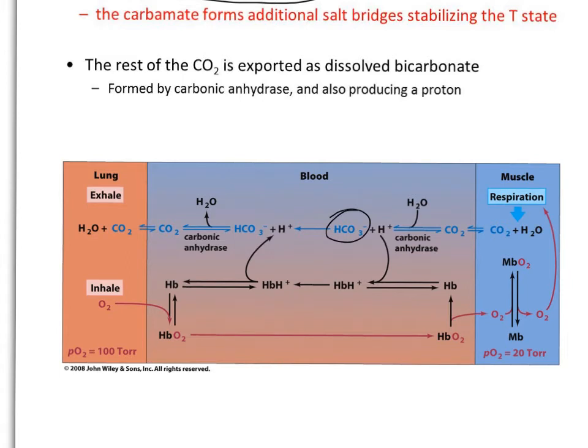So the proton can be used to help, again, lots of CO2, lots of bicarbonate formation happening in places where there's lots of exercise happening, lots of respiration, and so the acid form of hemoglobin, which is the T state, can be stabilized, and so oxygen affinity is lowered, and oxygen can be dumped off where it needs to be dumped off.